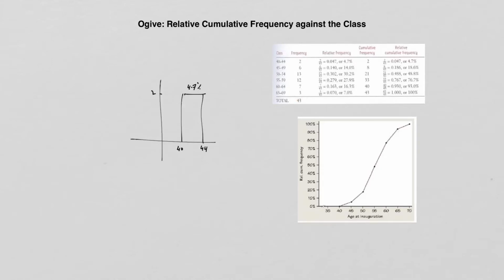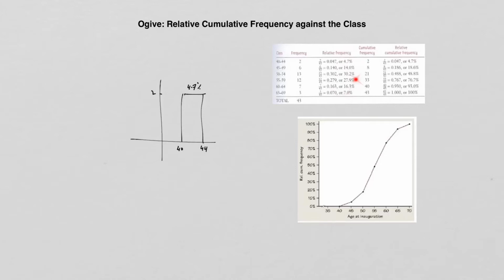Okay, so I think if you want to do a histogram, it's better to do a relative frequency on the y-axis against the class on the x-axis. So of course we compute the frequency just so we can find the relative frequency: 2 out of 43, 6 out of 43, 13 out of 43, and so on and so forth. You could leave them as fractions, or you can write them as percentages.